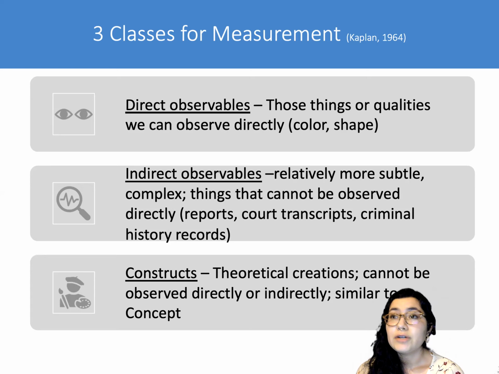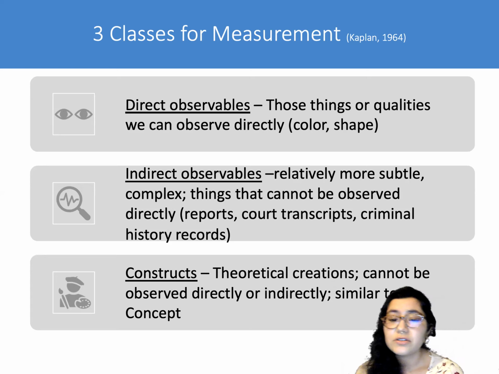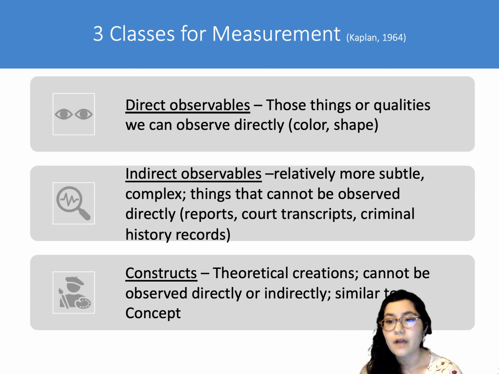So things that I couldn't just tell by looking at a person, but if I did some digging, I could find them out. And then constructs are more theoretical creations that can't be observed. So for example, disorganization is something that can't be directly observed, but I can have a list of direct observables that indicate whether or not there is disorganization.